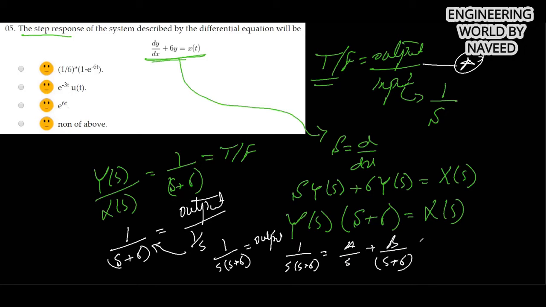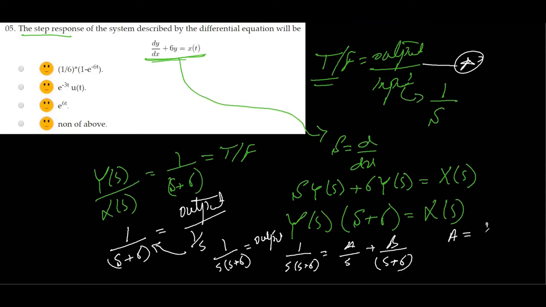If you solve this equation, you will get A equal to 1 divided by 6 and B equal to minus 1 divided by 6. So this equals 1 divided by 6S, sorry, minus 1 divided by 6 into (S plus 6).